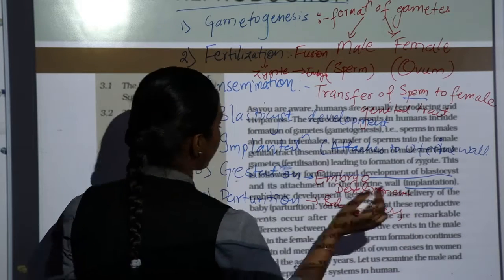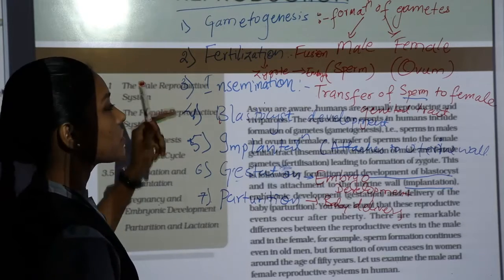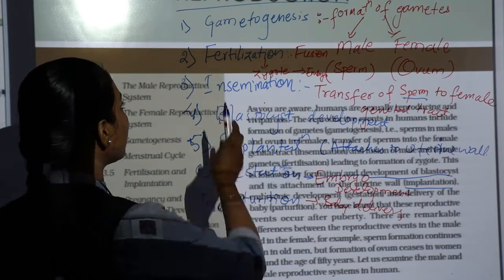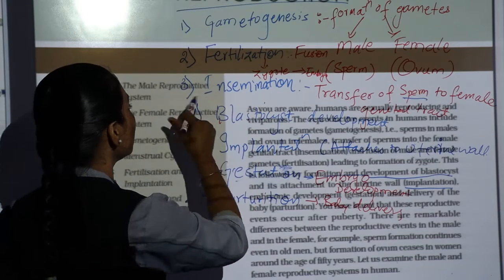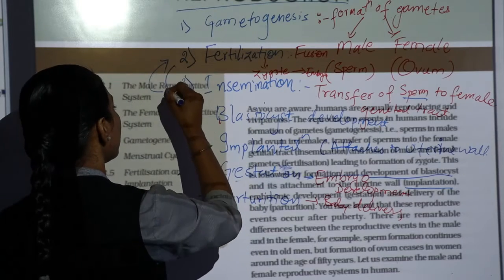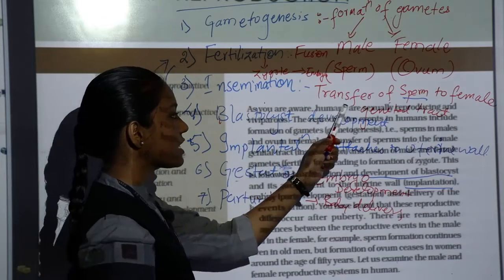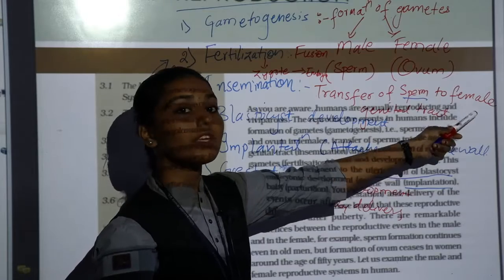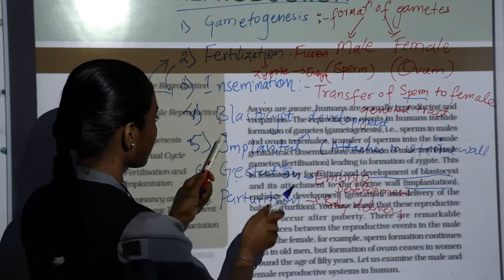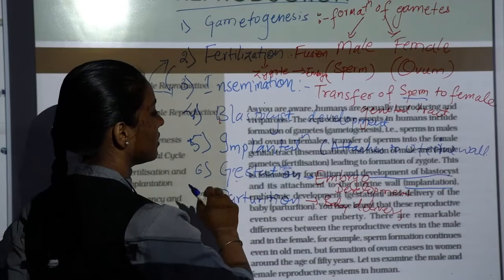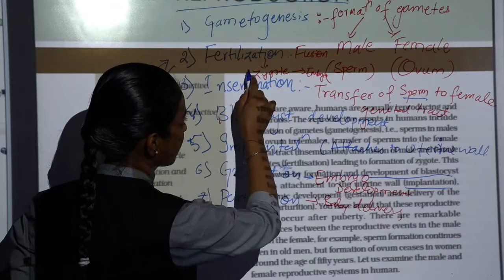So these were the basic steps that we are going to see further in the chapter. Insemination is the transfer of sperm to the female genital tract. Then next is fertilization.